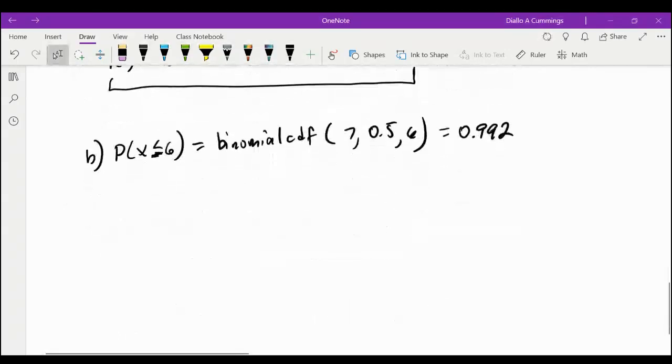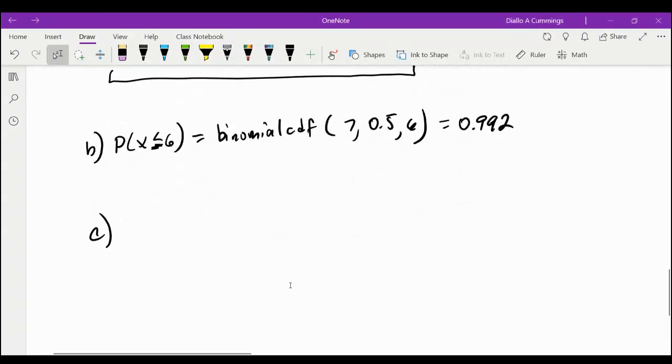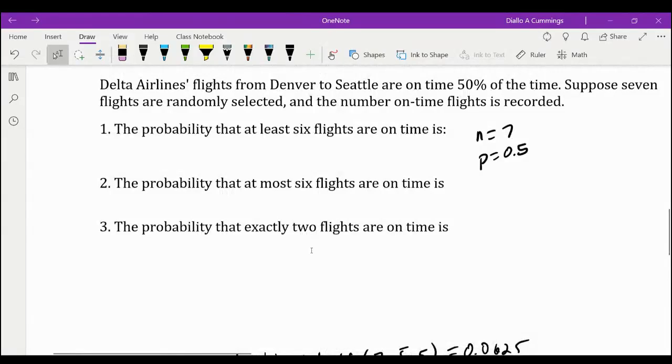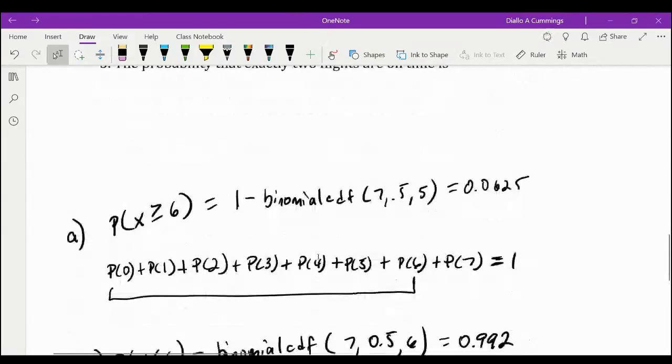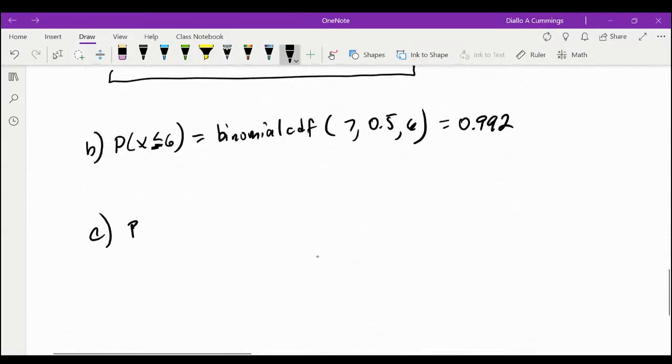And lastly, for C, we want the probability that there are exactly 2 flights on time. So the probability that X is equal to 2. Since this is an exact probability, I'm going to use the PDF.